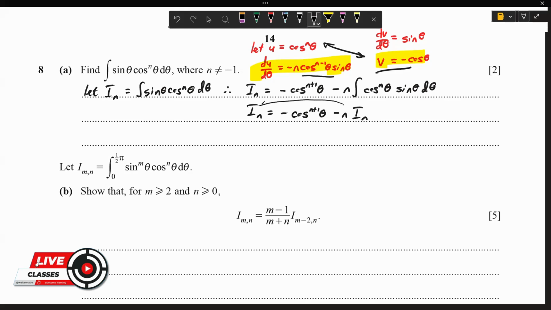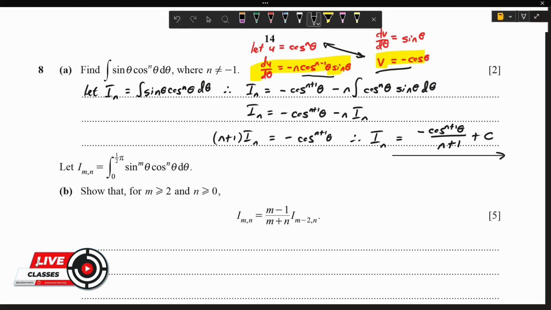And if we take this to the left side and factor out I sub n, we'll have n plus 1 of I sub n being equal to minus cos to the n plus 1 of theta, which therefore means that I sub n will be equal to, if we divide both sides by n plus 1, minus cos to the n plus 1 of theta over n plus 1, plus c. So this here is the answer. That's how we do it.